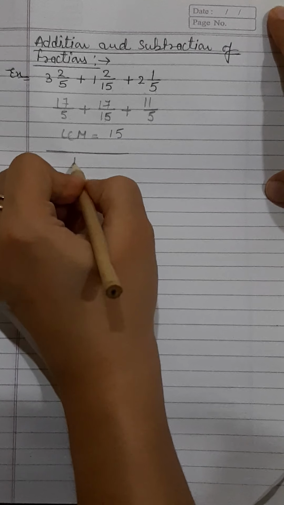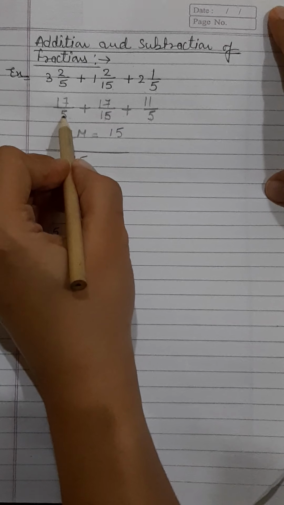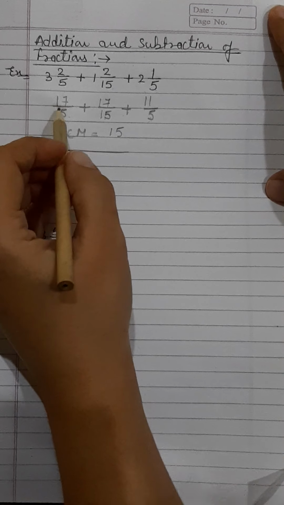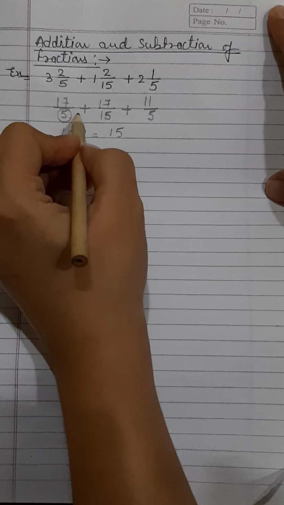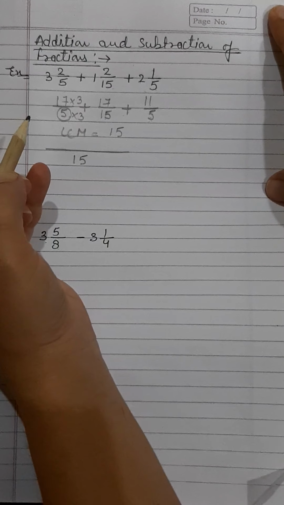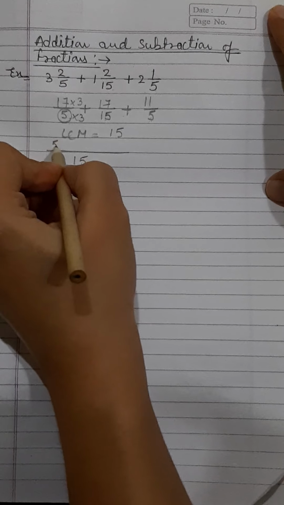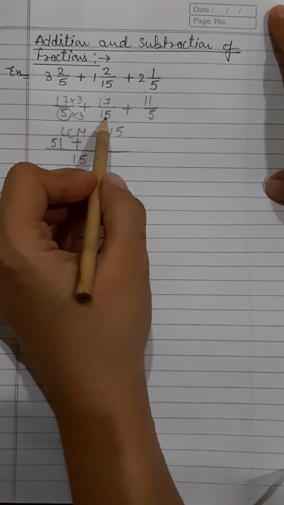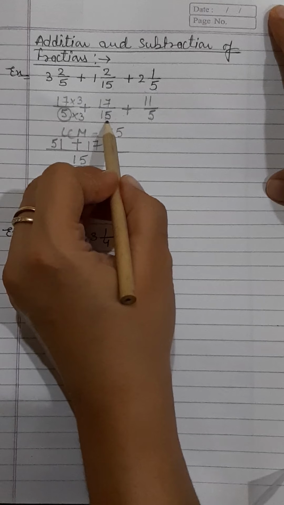Clear? Now you have to convert all three fractions so the denominator is 15. Which number do you have to multiply to convert this denominator to 15? 3. So you multiply it by 3, and the same 3 you have to multiply with the numerator also, right? So 5 3s are 15 and 17 3s are 51, plus this one is already in 15, 15 1s are 15 and 17 1s are 17, so no change in that case.